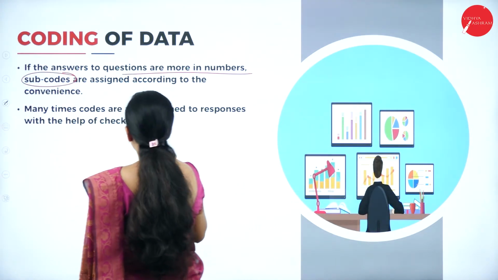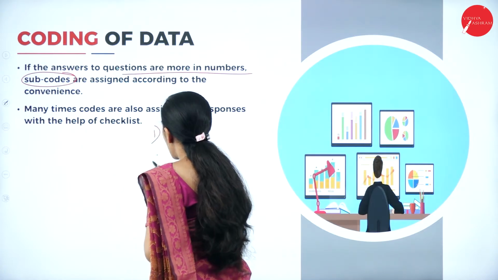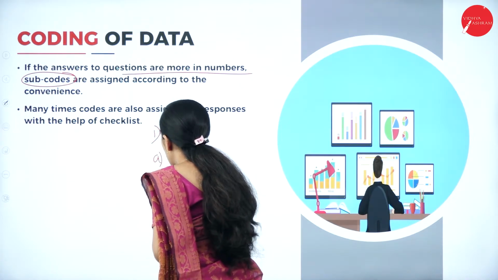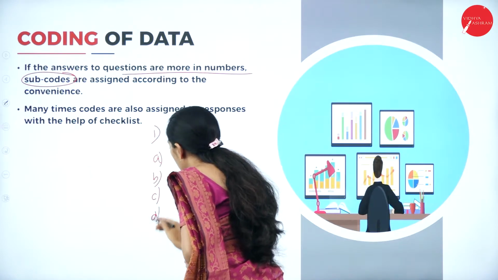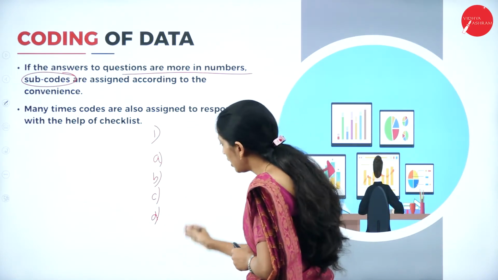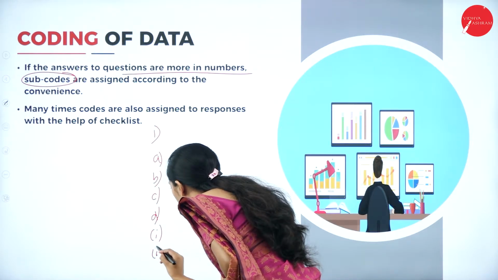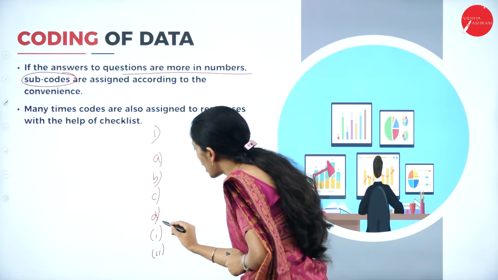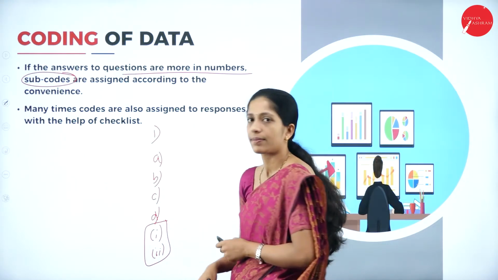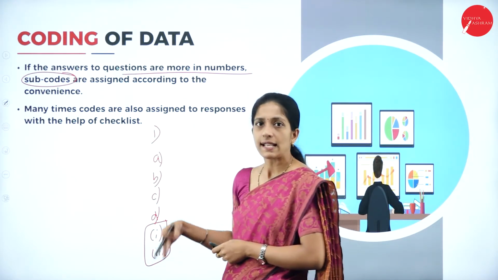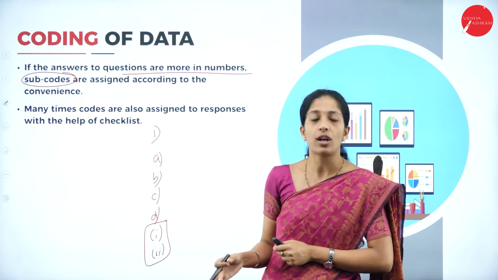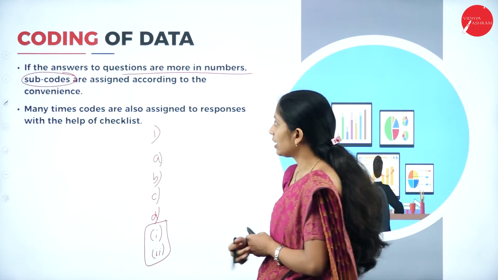Suppose this is the first question and the options are A, B, C and D. For option D there are a few more options. To identify them, we shall give the Roman numerals 1 and 2. These are called subcodes. When the options are more, then subcodes can also be given.